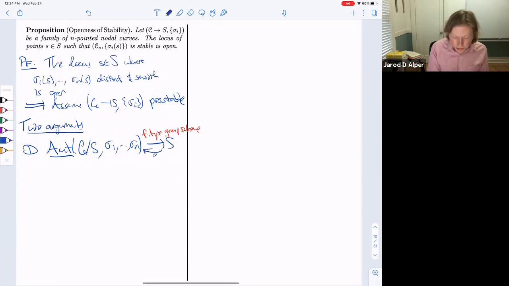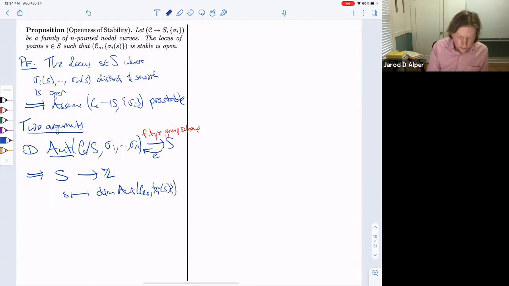And since it's a group scheme, there's a section here. So the normal semi-continuity arguments imply that if you look at the function from the set S to Z that takes a point to the dimension of the automorphism group of that fiber, then this is upper semi-continuous.